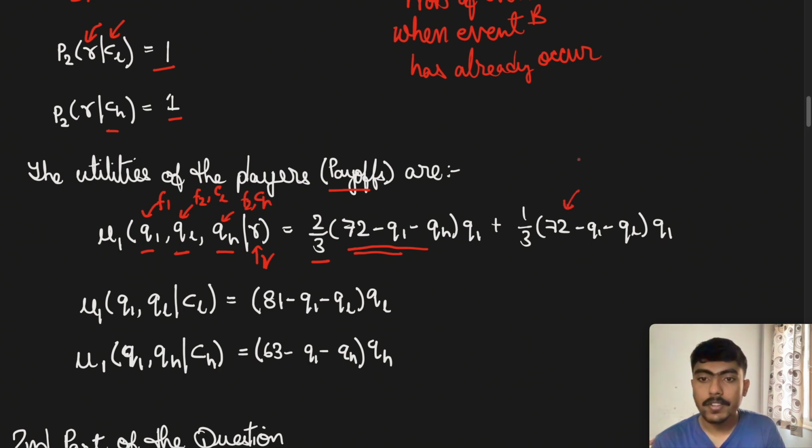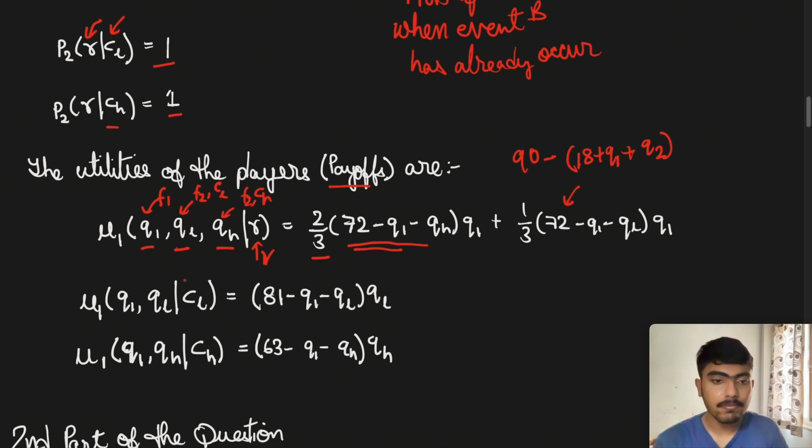So here again we will have 18 plus Q1 plus Q2, 90 minus, right? So this is how we are calculating the demand, basically what inverse demand function we have.